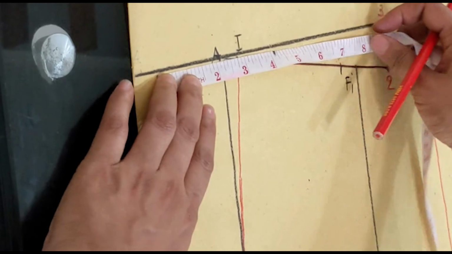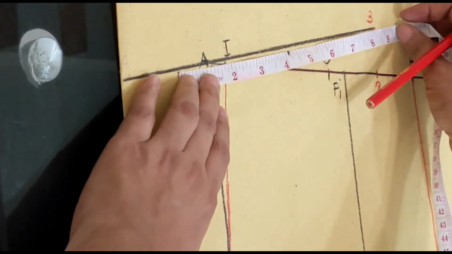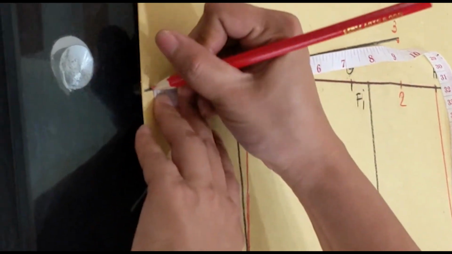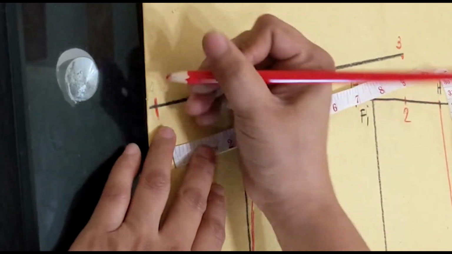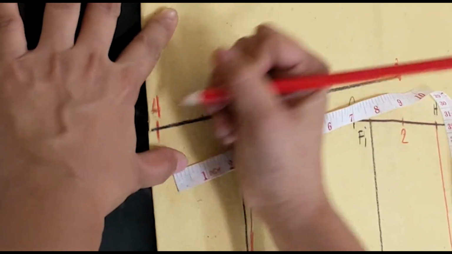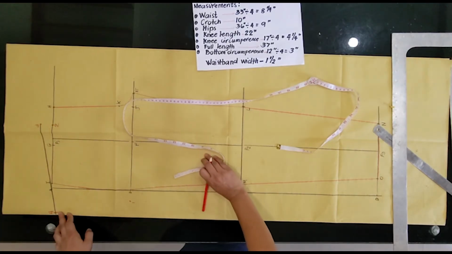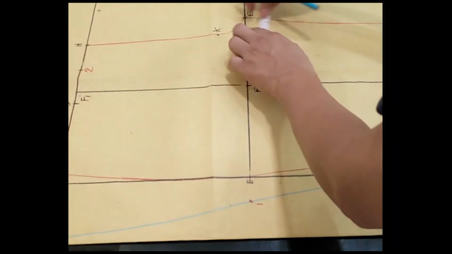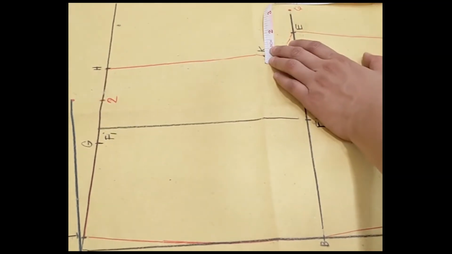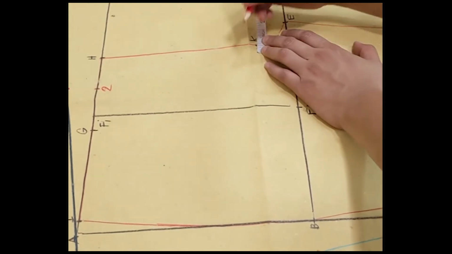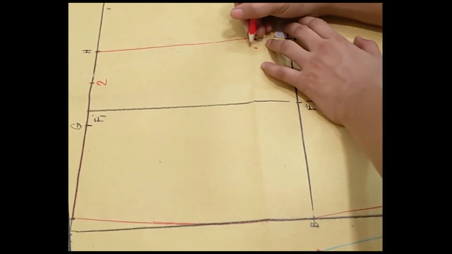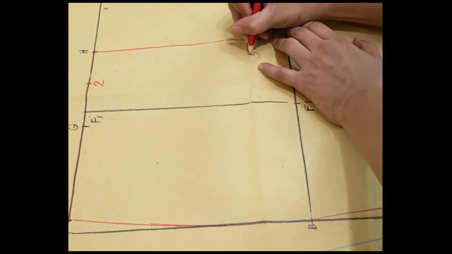Okay, waist circumference is 8 and 1/4 plus 1 and 1/2. And this would be point number 4. Okay, next. From 3 to 5 is 1/2 inch going inside. This is point number 5.